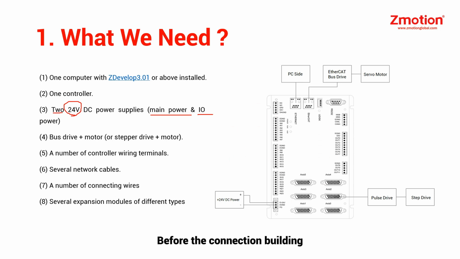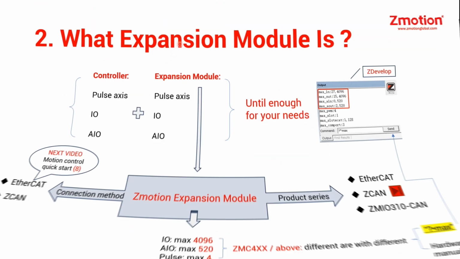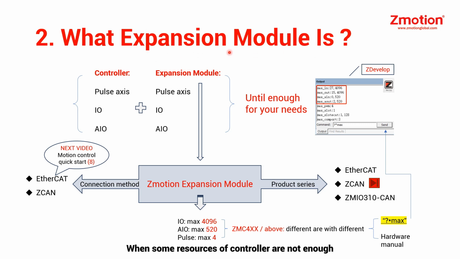Before the connection building, let's see what's the function of expansion module. When some resources of controllers are not enough, expansion modules could supply them. Generally, expansion modules can expand digital I/O, analog I/O, and pulse access. But please note the pulse access expansion. It is only valid in expansion module that is with pulse access interface.